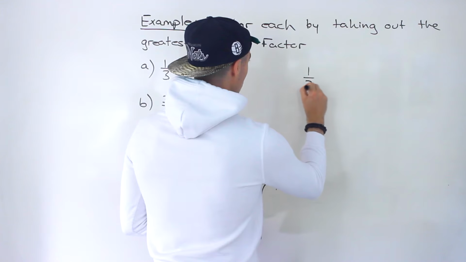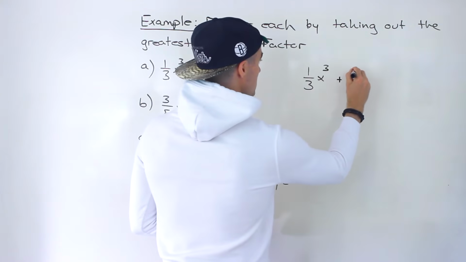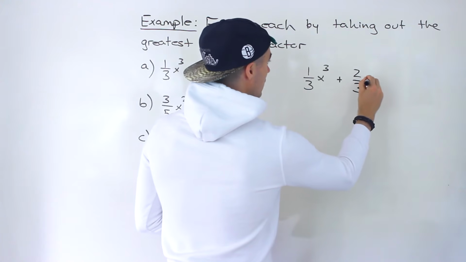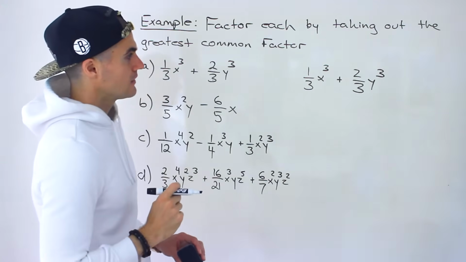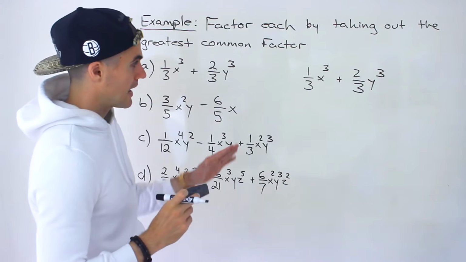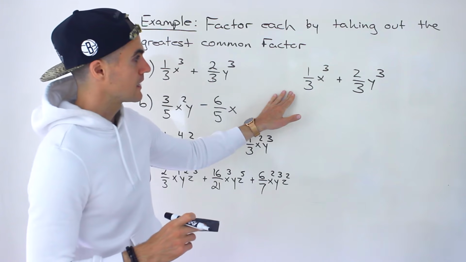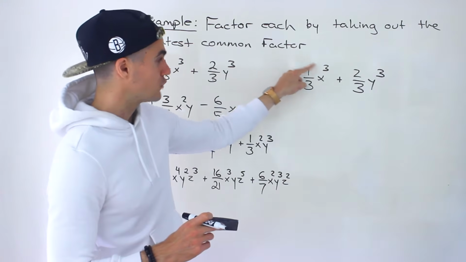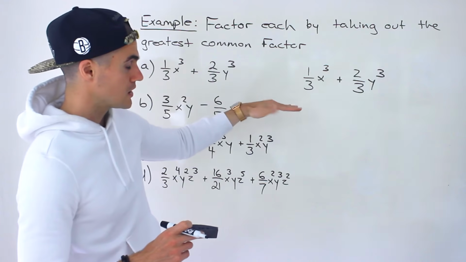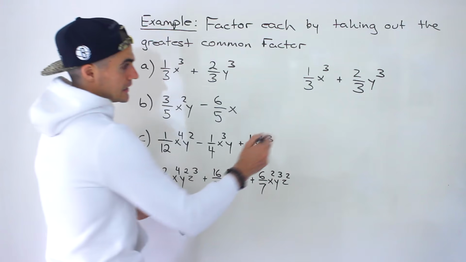We got 1 over 3 x cubed plus 2 over 3 y cubed, like that. And the first thing that I do if I get fractions like this is I convert the fractions so they are common denominators, kind of like you're adding or subtracting fractions.